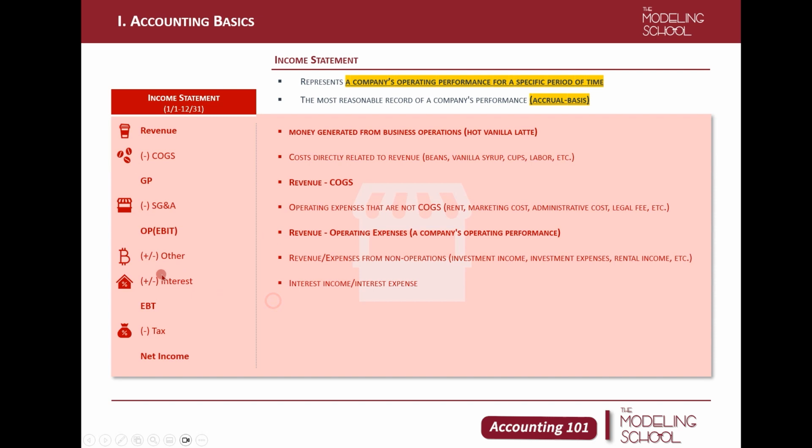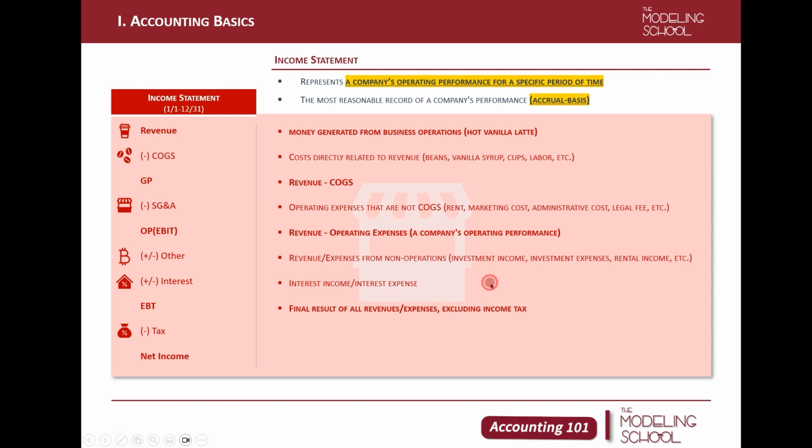Oh, and I forgot that we made a separate column for interest expense. So interest income and interest expense are also separately recorded. And if you add and subtract other income and interest, we reach earnings before tax. It's the final result of all revenues and expenses, just excluding income tax.